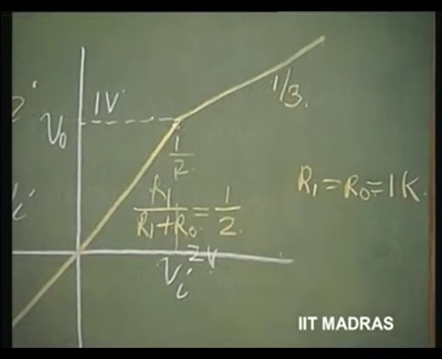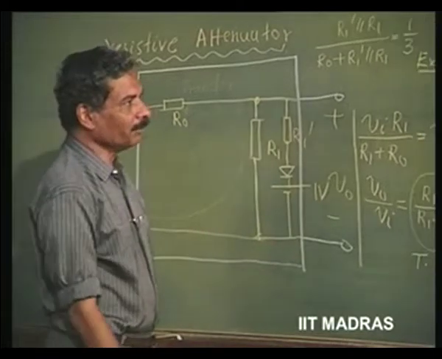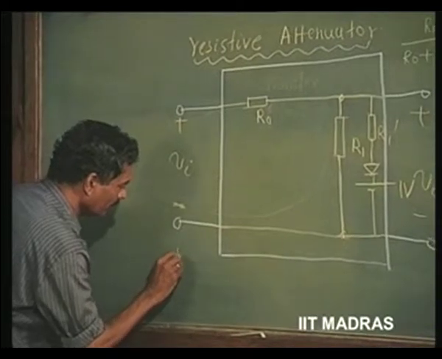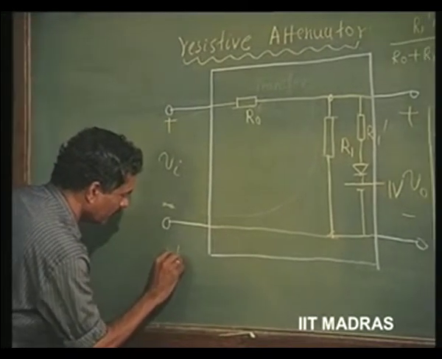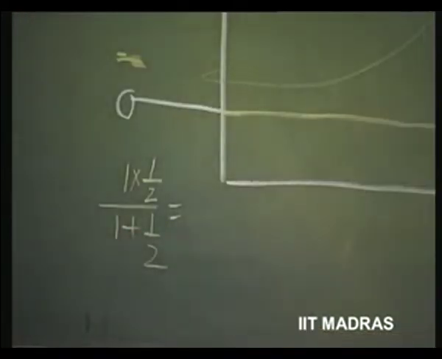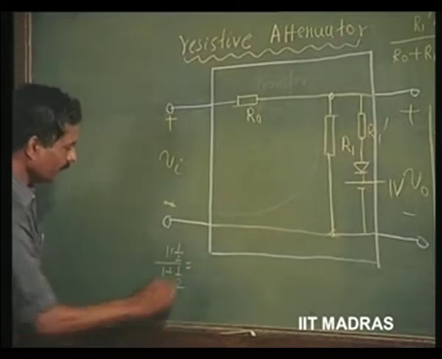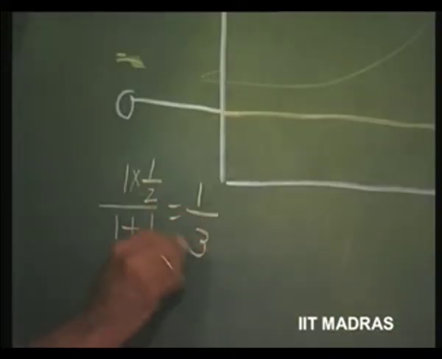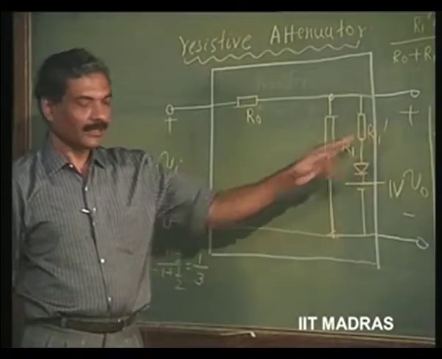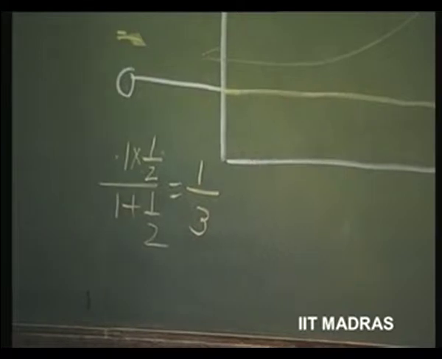So, I now bring in another resistance R1 prime in such a manner that the slope now becomes, let us say, 1 into half divided by 1 plus half. So, the parallel combination of R1 and R1 prime should become half a k, so that this becomes equal to 1 by 3. 1 k parallel half a k will make it 1 into half divided by 1 plus half, which is nothing but 1 by 3.